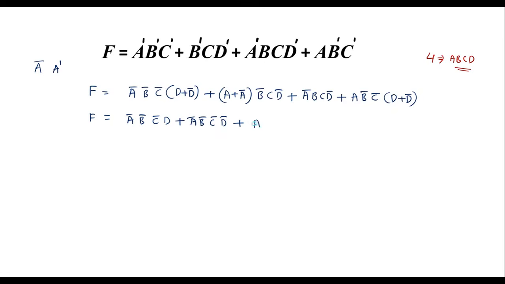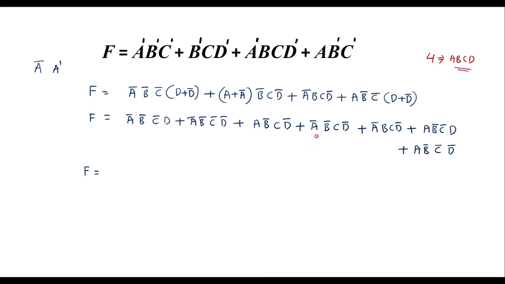I can write it as a, b bar, c, d bar, plus a bar, b bar, c, d bar, plus this term is written as it is, that is a bar, b, c, d bar, plus I can write it as a bar, b bar, c bar, d, plus a, b bar, c bar, d bar. Next we need to simplify this further.